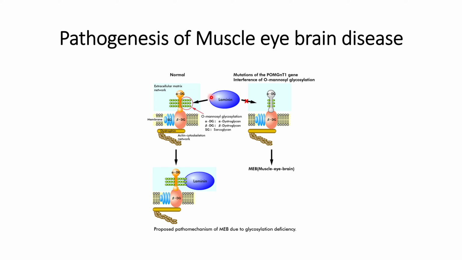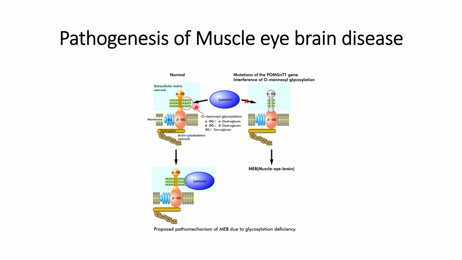One of the examples shown is that laminin can interact with the sialic acid of alpha dystrophin, and through its interaction with beta dystrophin, it can provide signals to the actin cytoskeletal network, as shown in the bottom figure on the left side. So when laminin interacts with the sialic acid of dystrophin, then via beta dystrophin it will provide a signal to the actin cytoskeletal network.